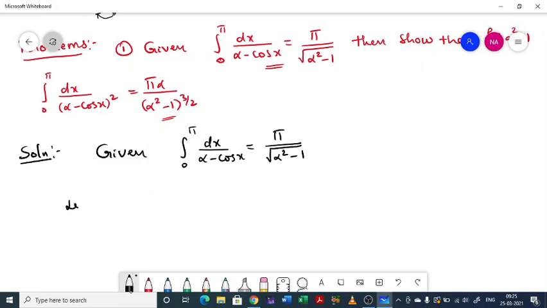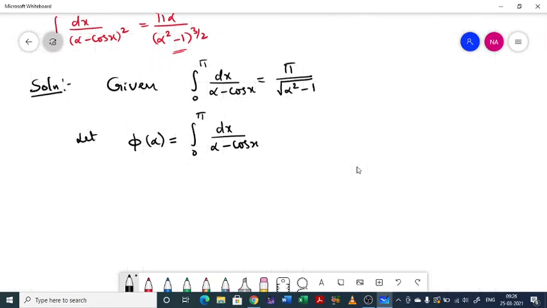Now we'll let phi of alpha to be integral 0 to pi dx by alpha minus cos x. So this term I am calling as phi of alpha.